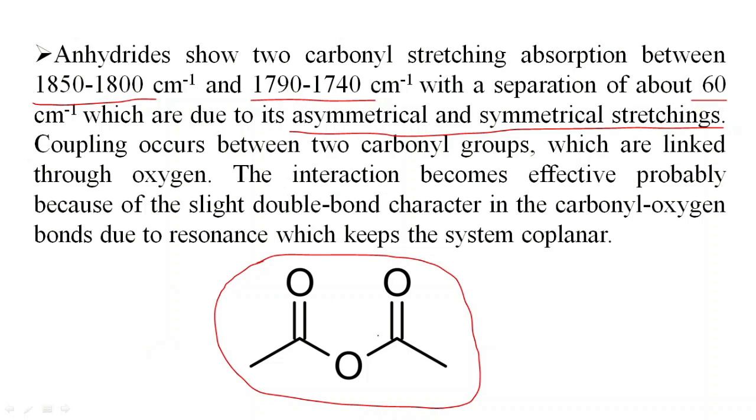It has slightly double bond character and it has slightly single bond character. This interaction becomes effective because all the atoms are present in a single plane because of the partial double bond characters of these bonds.